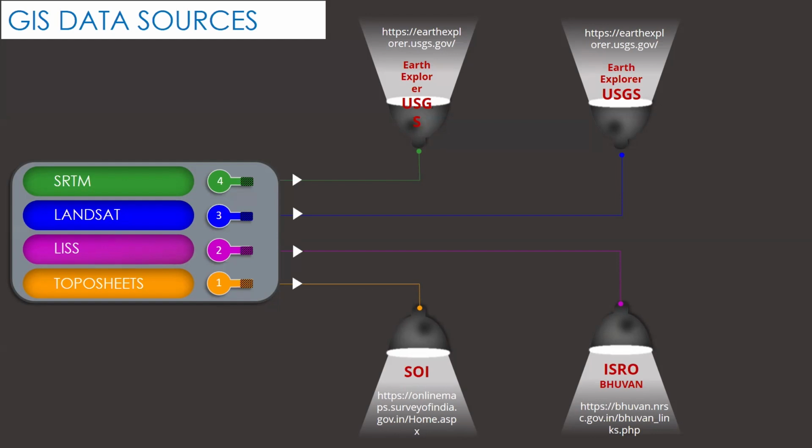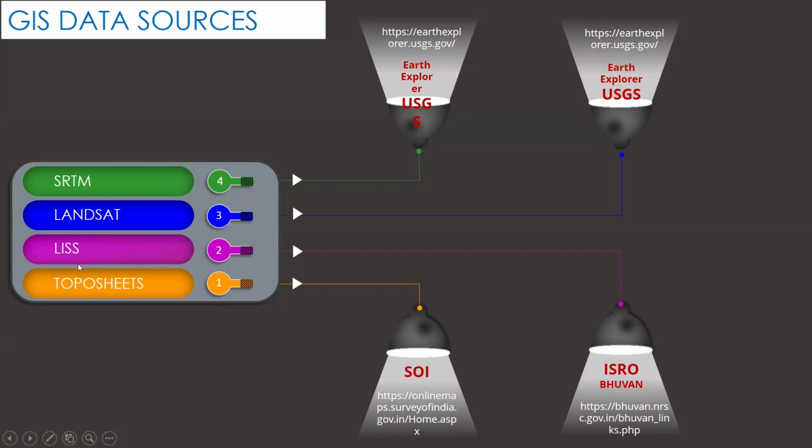Similarly, I did it for the geological map also, because each of these maps, when you download, comes in smaller parts. It won't come as one single image for India. For example, for this SRTM, I think around 4000 tiles were there for India. So we downloaded it step by step, and then we merged everything and made a single map. So we have one single India map right now.